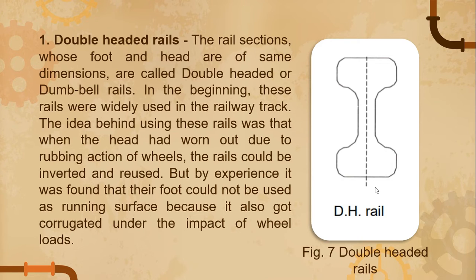This is the reason kung bakit naisip nila na baka madoble yung buhay nung rails or yung usage nitong rails. Pero napatunayan din nila na hindi na pwedeng gamitin yung lower part after na na-worn out na rin ito after na ma-worn out nitong nasa taas.